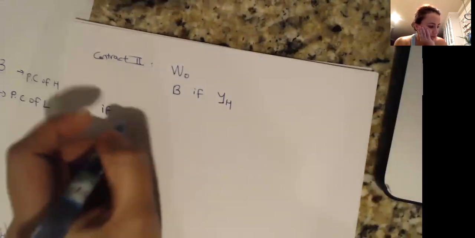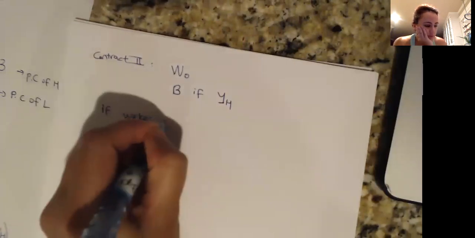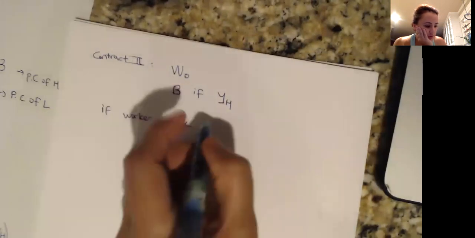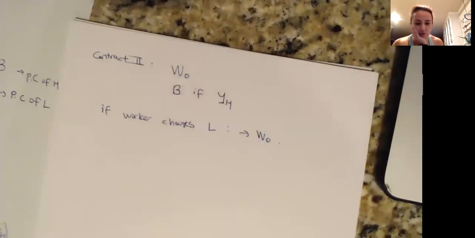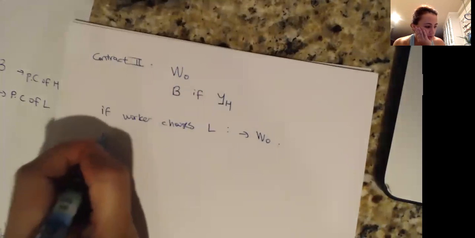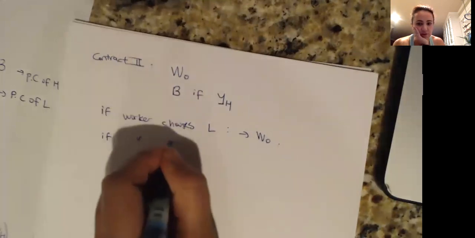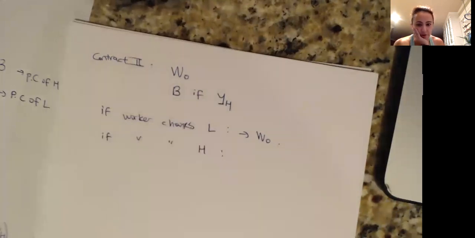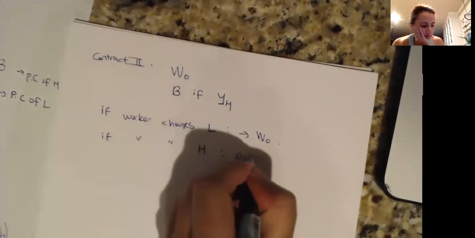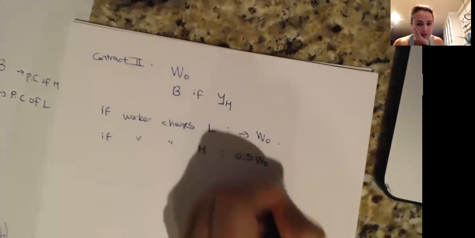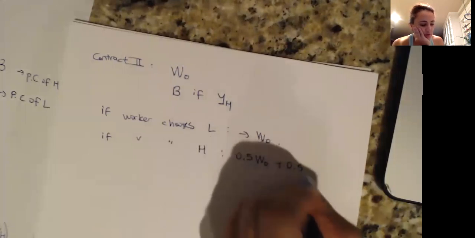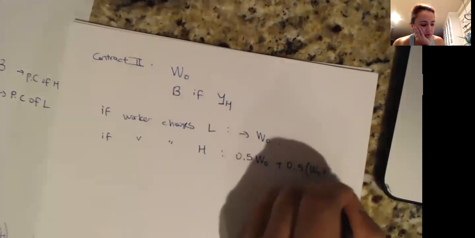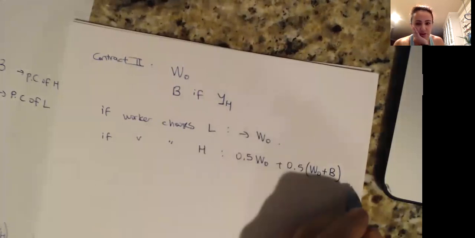So if the worker chooses L, we said that his wage is going to be W0 for sure. If the worker chooses high effort, then with 50% probability it's going to be W0 because the output is low, and with 50% probability it's W0 plus bonus because the output is high.